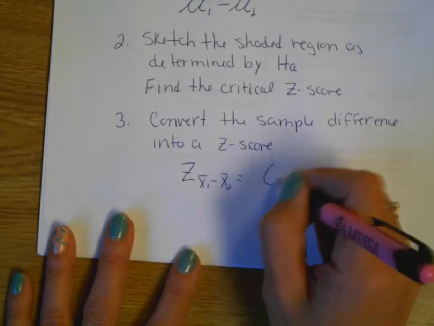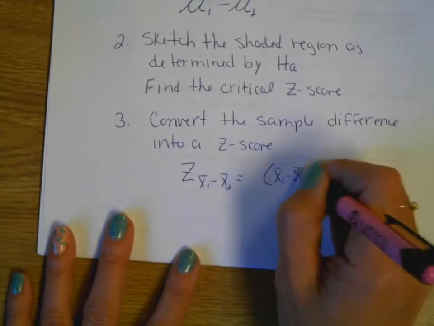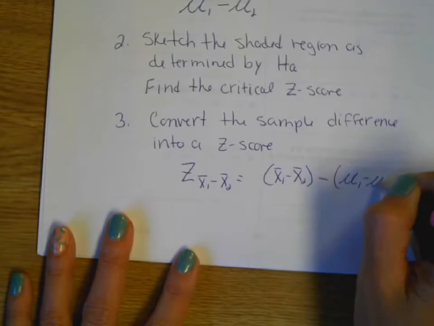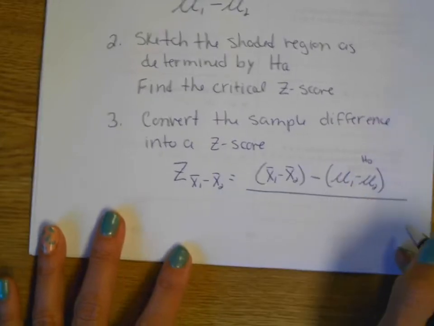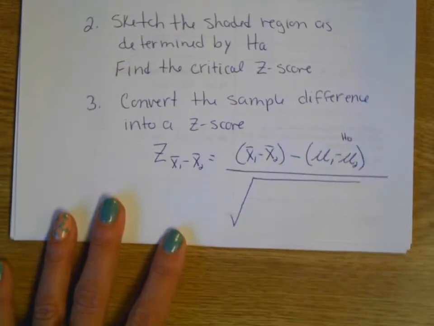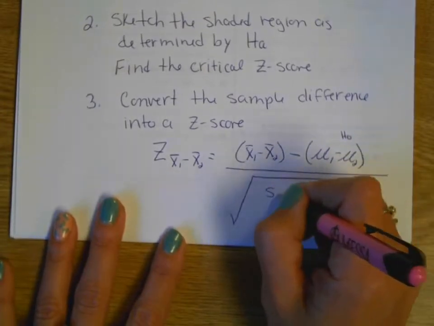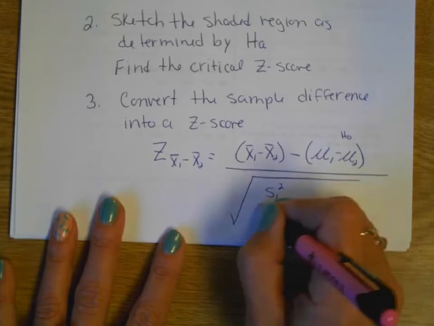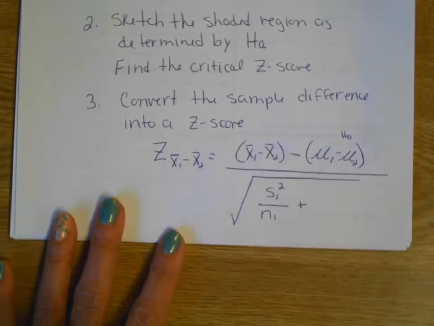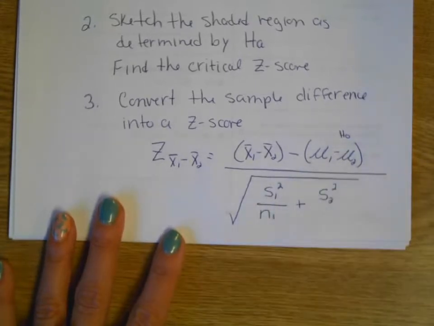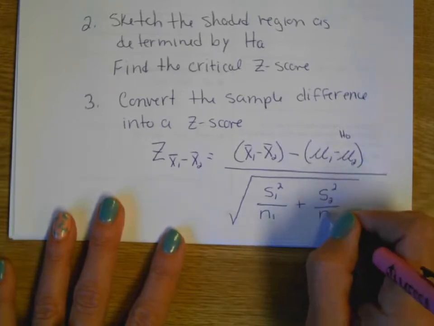So you take that difference in the sample means, and then you take the difference in the population means, as determined by the H0, and then your denominator is the variance from sample 1, the standard deviation squared, which is the variance, over that sample size. And then the standard deviation from sample 2 squared over its sample size.